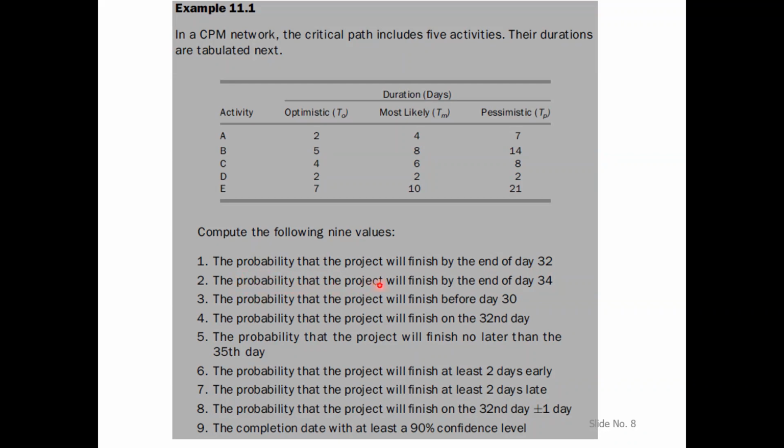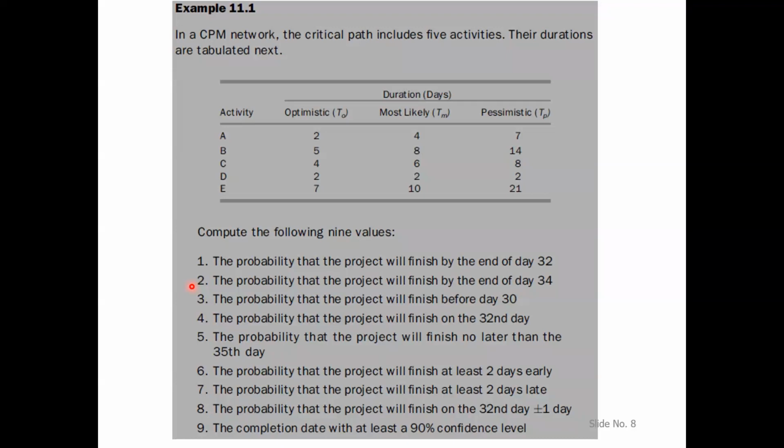Similarly, what will be the probability that the project will finish by the end of day 34? And what will be the probability that the project will finish before day 30? And like that, different questions have been asked. Okay, so just look at these first two questions and think about it and tell me in which case the probability will be more.